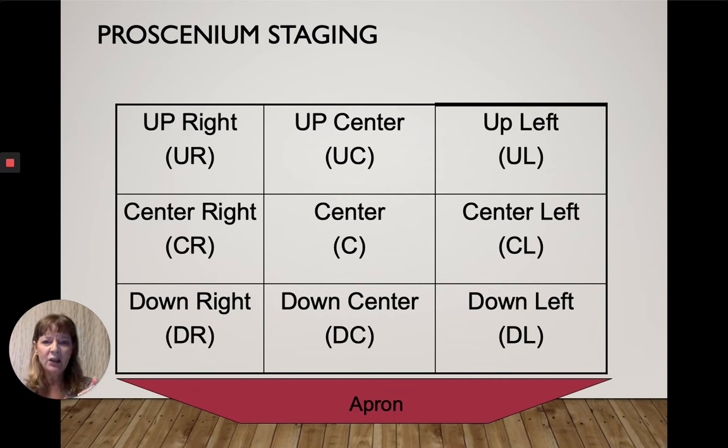When you're looking at this on a piece of paper, it's opposite from what you're looking at. So if I'm the actor and my director tells me to go to center left, I go that way because this is my left. If the director tells me to go up right, I go that way because this is my right.